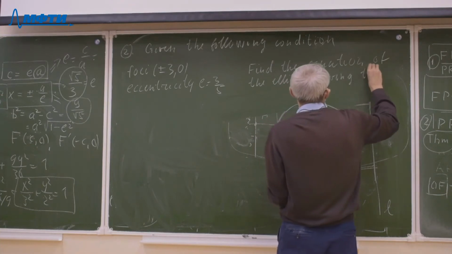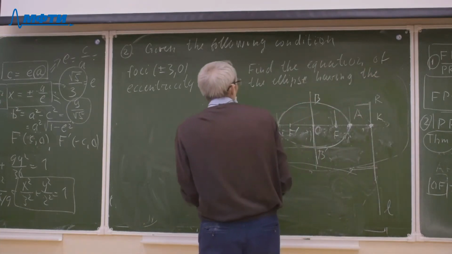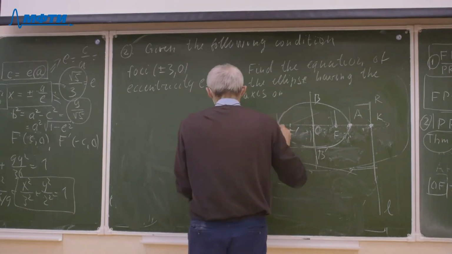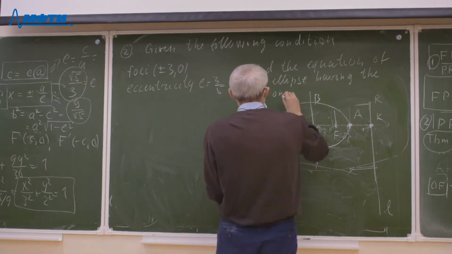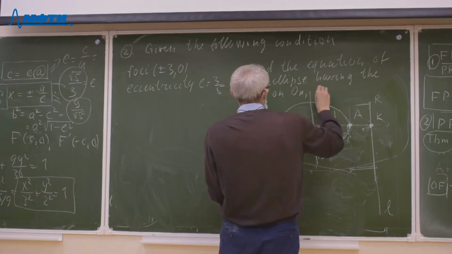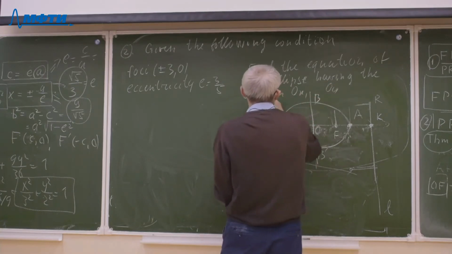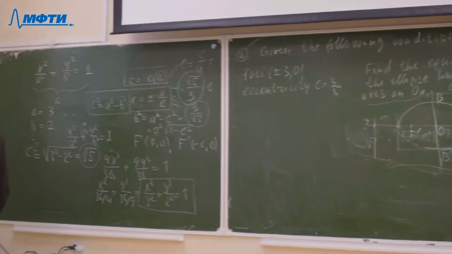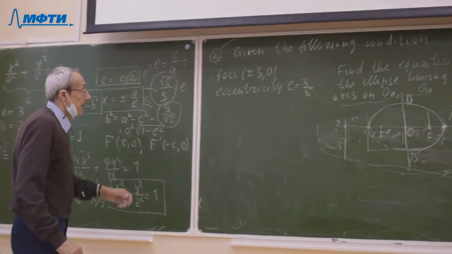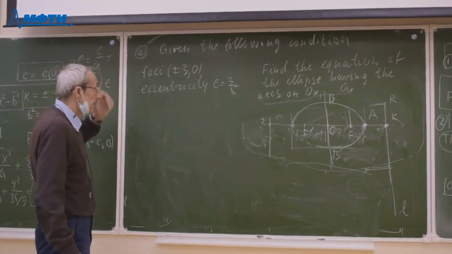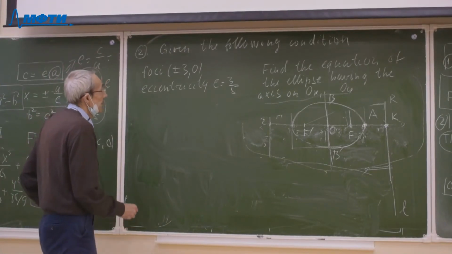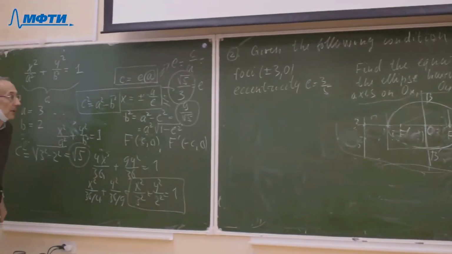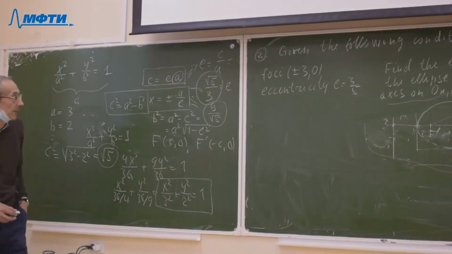Having the axes on OX, OY. We must find the canonical equation of the ellipse. And we also use the above mentioned formulas.